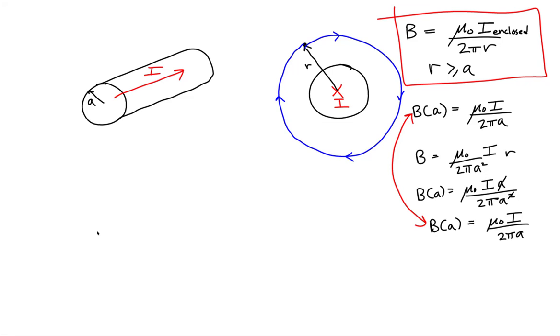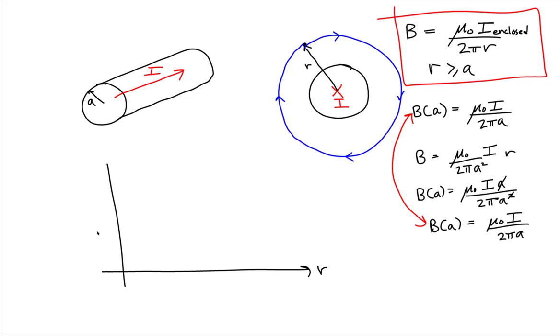So at the surface of the cylinder, our expression using Ampere's law inside the cylinder and our expression using Ampere's law outside the cylinder end up with the same value, which makes sense because the magnetic field needs to be continuous. Now let's look at what a graph of this looks like.